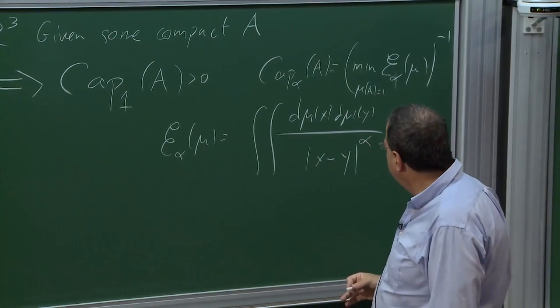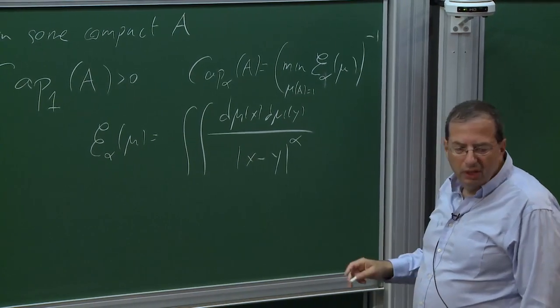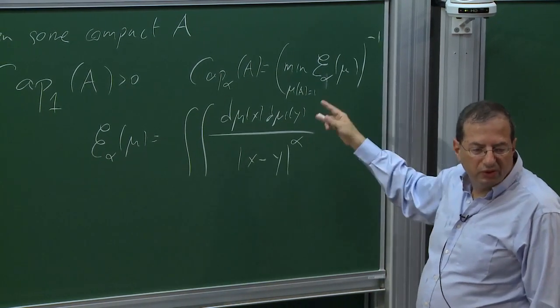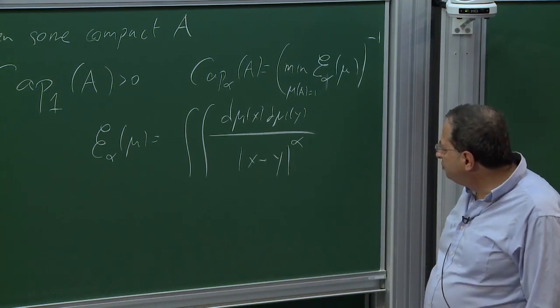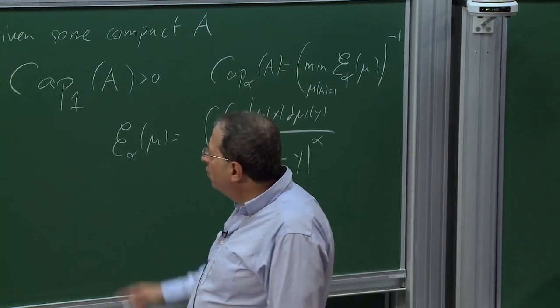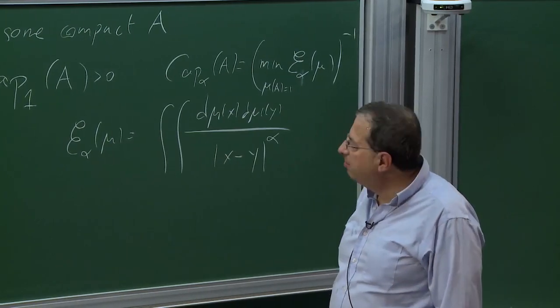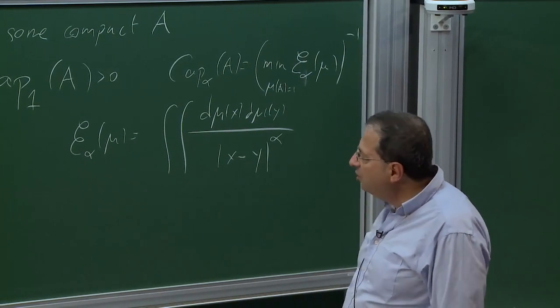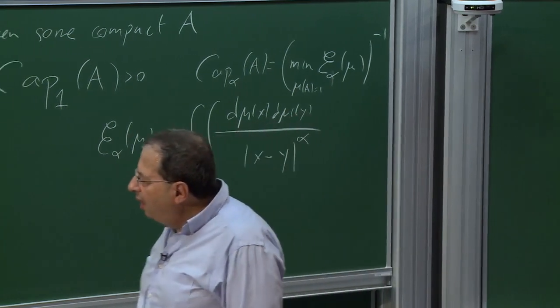These are known as Riesz capacities. The case of alpha equals d minus 2 is distinguished and is Newtonian capacity. In 2 dimensions, things are a little more delicate; you have to talk of logarithmic capacity. Let's focus on 3 dimensions. So this is the classical theorem of Kakutani.